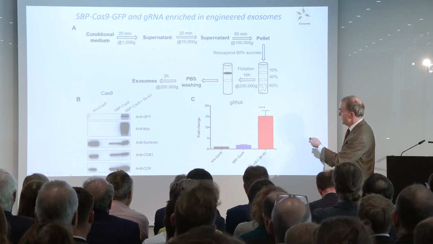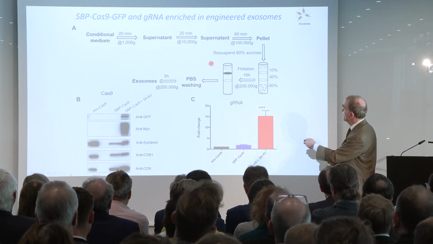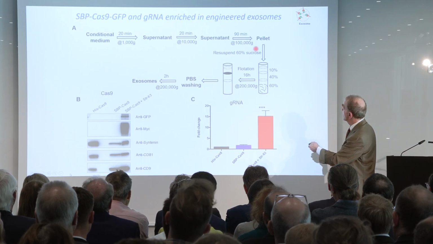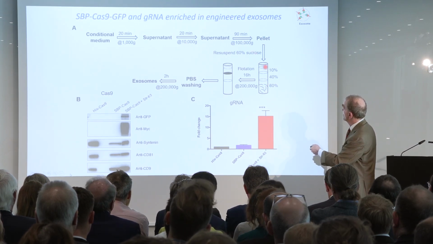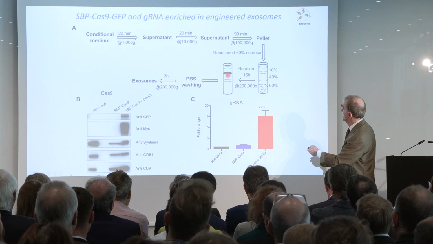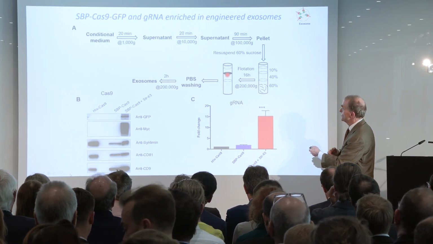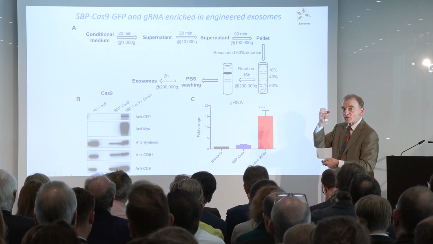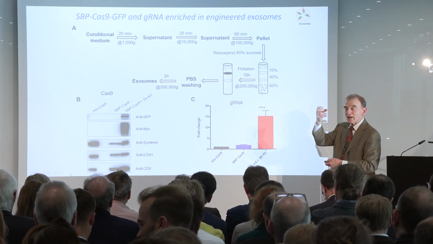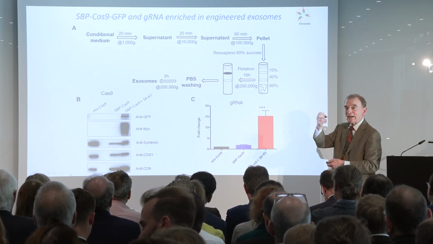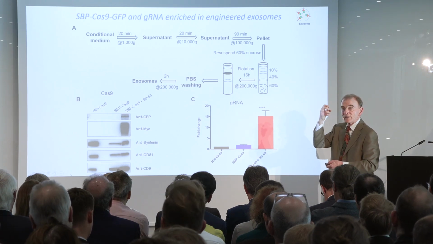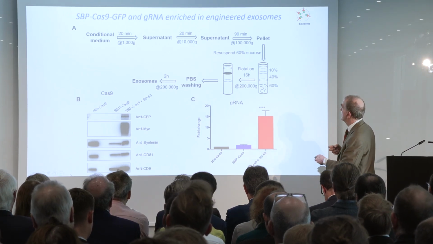The cultured medium was collected and centrifuged to pellet the vesicle fraction. The vesicles were subjected to buoyant density flotation, accumulated at this interface, and were collected. The vesicles were shown to be intact. We could show that the vesicles had Cas9 and the guide RNA inside, and we showed the guide RNA was there as well.